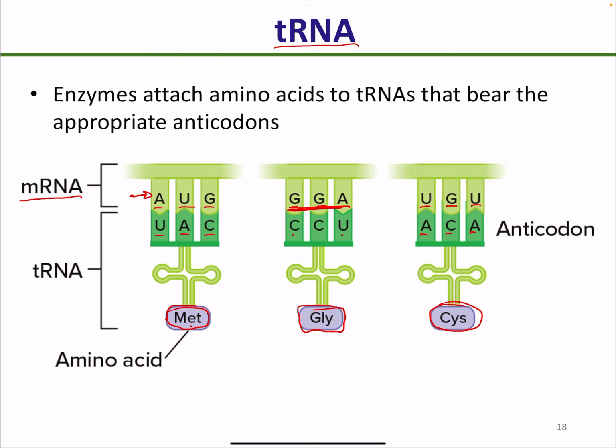Eventually, let's assume that these 3 molecules of RNA were all connected like this, linear. So then what we would see is that to this methionine, you're going to have a peptide bond that develops here.